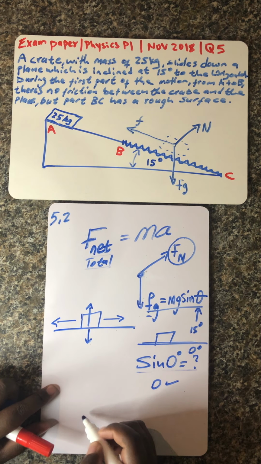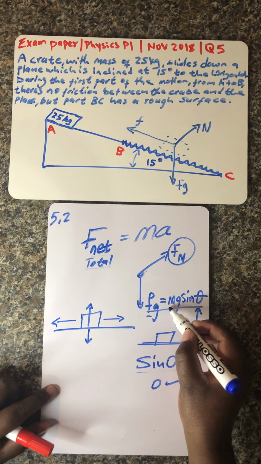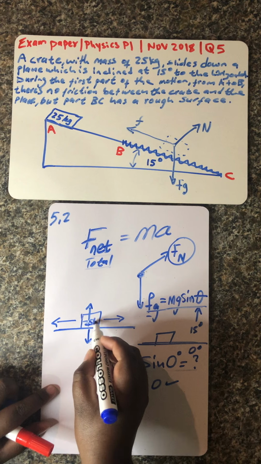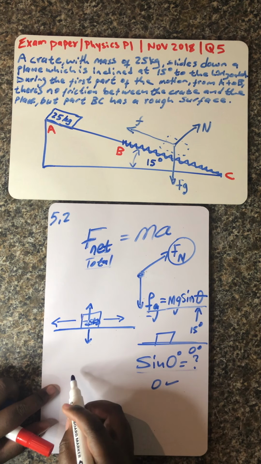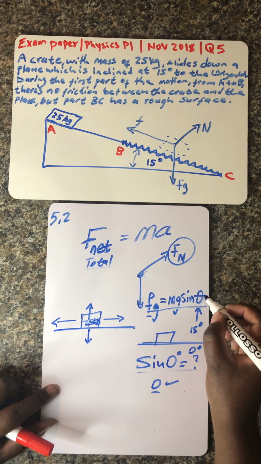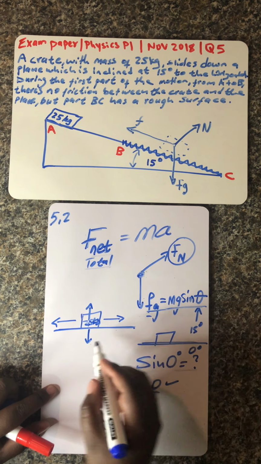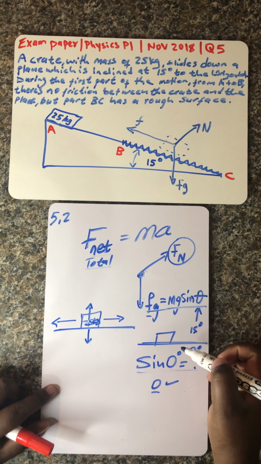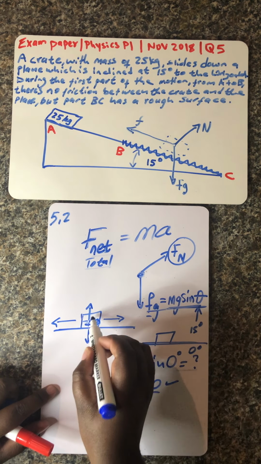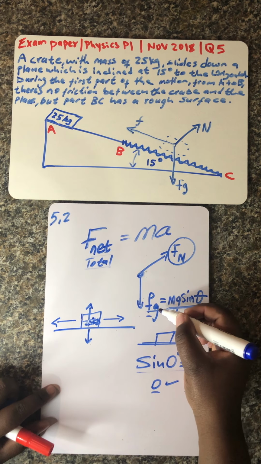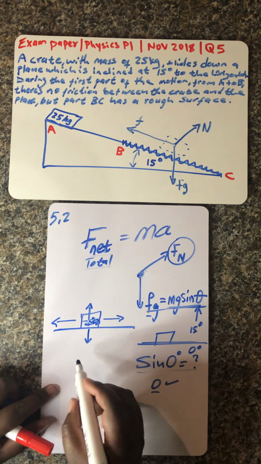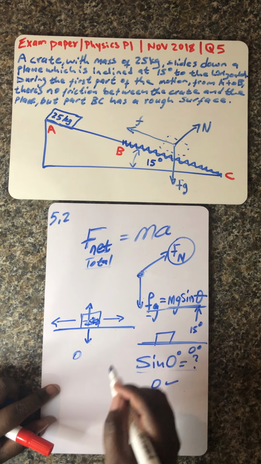Okay, so the reason why I said the formula doesn't change is that the formula remains. This thing has a mass of 25 kg, for example. Because sine is 0, if you substitute sine 0, with mass 25 and g 9.8, and you calculate the force on this object as a result of gravitational acceleration, it equals 0.